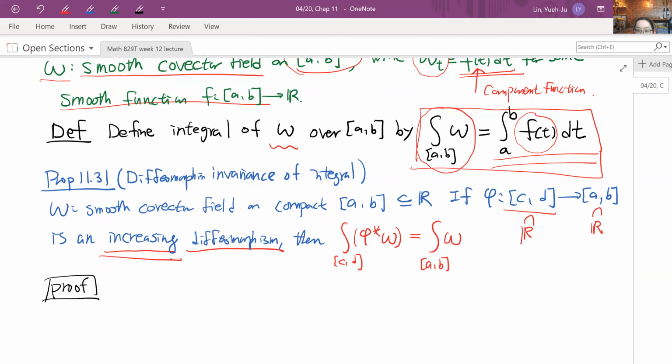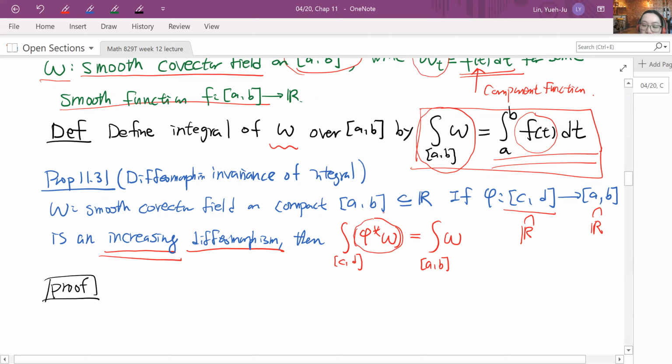Then in that case, when you pull back the same covector field by phi, because W is defined here on AB, when you pull back, it will be on CD, because this is the pullback to the domain. So this would be a covector field over CD.